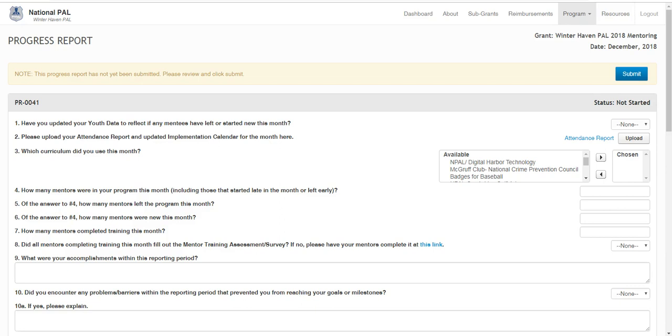It's also really important to keep in mind that a youth is considered to have successfully completed the program if they participated in at least 32 hours of mentoring over the course of the program year. Again, 32 hours over the entire program year counts as successfully meeting the grant requirements.